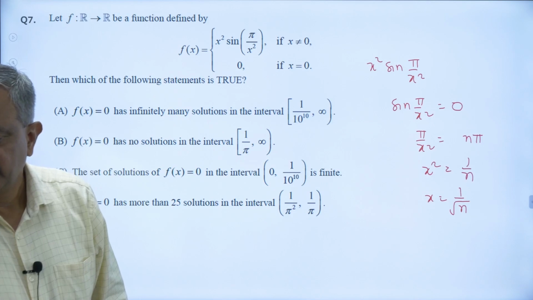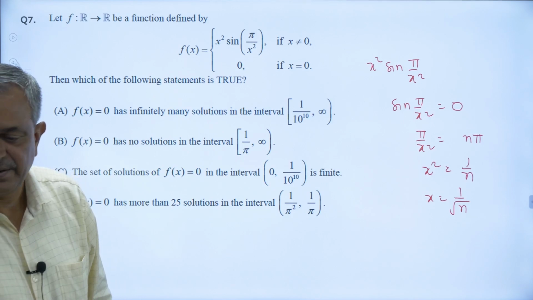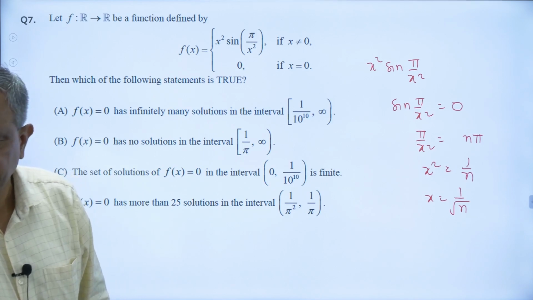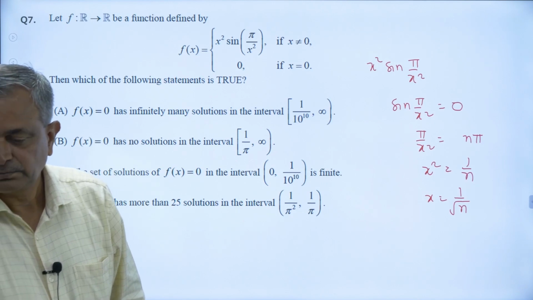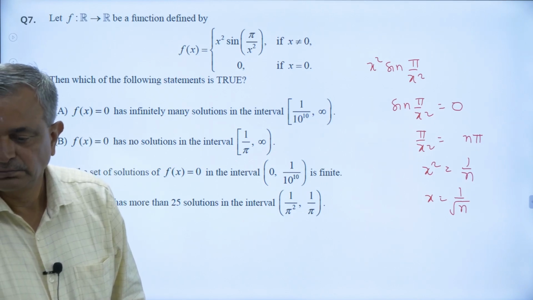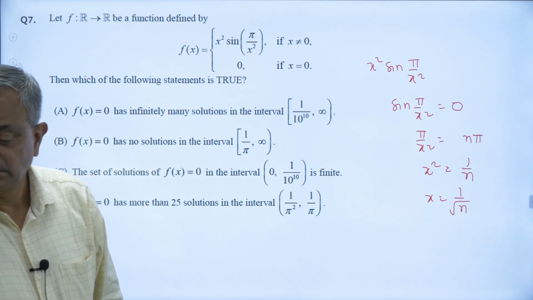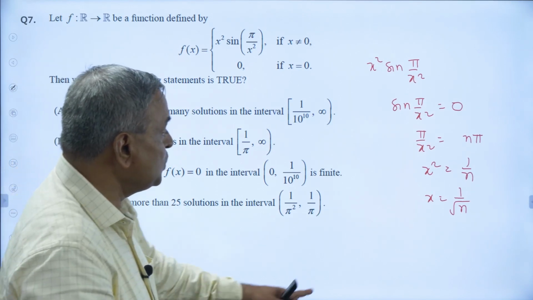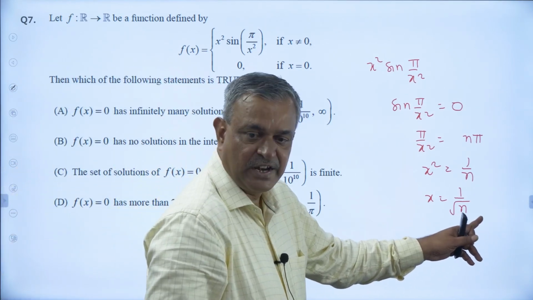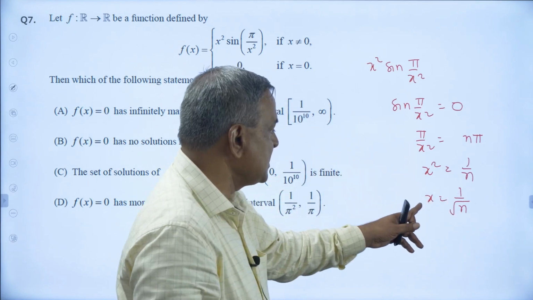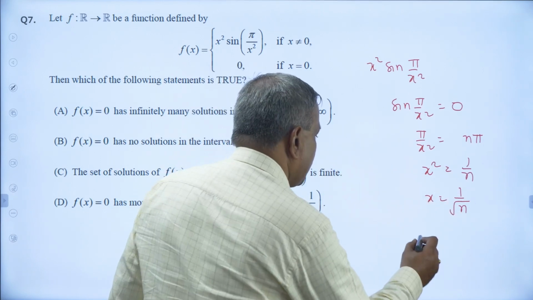Just a minute. There should not be any typographical error. That's why I took this one. As n tends to infinity, x tends to 0.